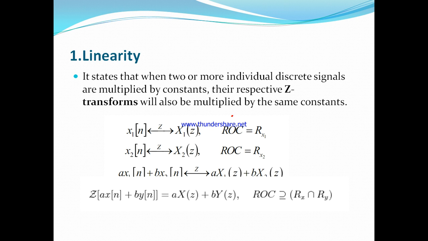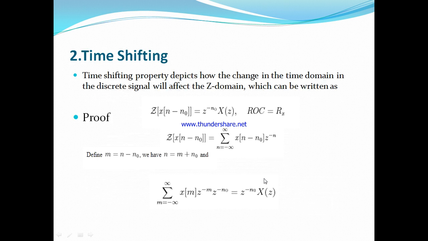So x1 of n goes to x1 of z, and likewise x2 of n goes to x2 of z. Next we can write a into x1 of n plus b into x2 of n goes to a into x1 of z plus b into x2 of z.